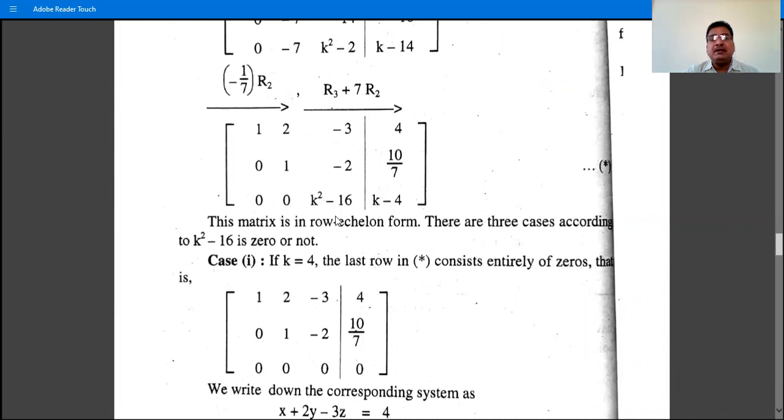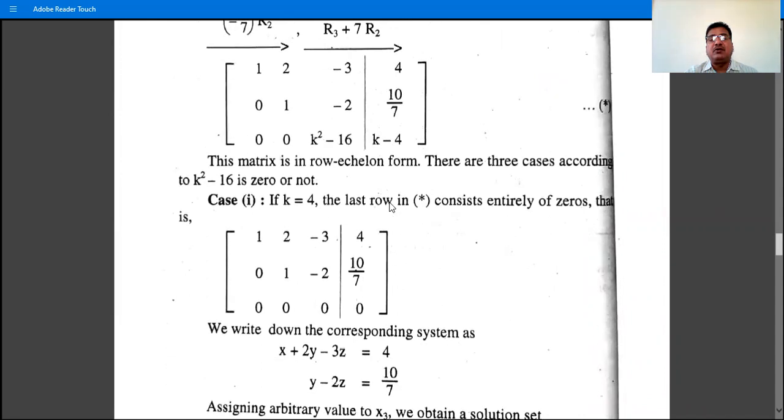Suppose the rank of A is 2 and the rank of AB is 3, then rank of A is not equal to rank of AB. So this happens if this number is non-zero and the other number is 0. So if k is 4, then what do we have? This is the 0 number, and this is also a 0 number.